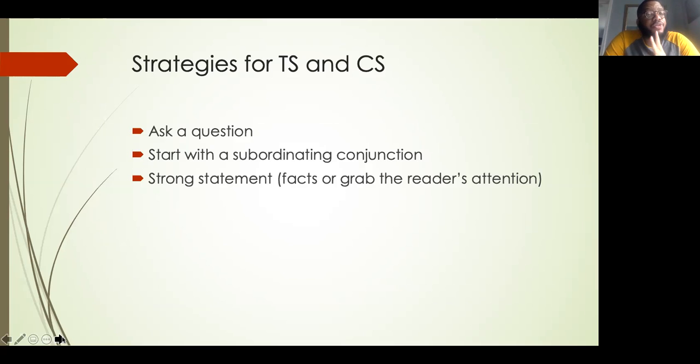Here are the 3 strategies that we're going to be choosing from today, just to review. Remember, you can start off by asking a question. You can start with a subordinating conjunction, and you can also start with a strong statement, something that has facts, but also grabs the reader's attention, okay?